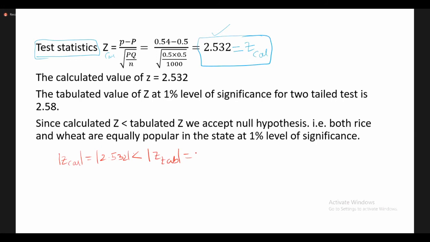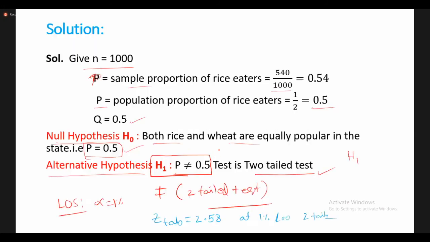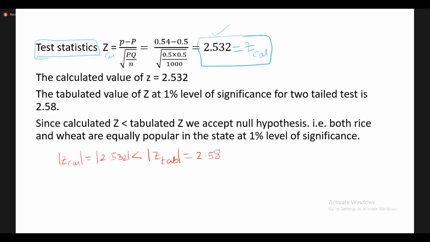Tabular value is 2.58, right, at 1% level of significance. If this statement is satisfied, therefore we accept the null hypothesis. We accept null hypothesis at 1% LOS.